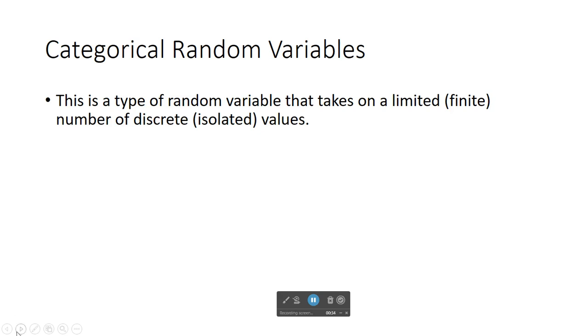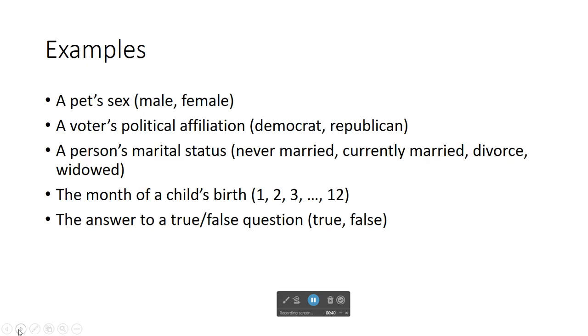And I think the best way to explain these is to give some definitions. Give some examples. For instance, a pet's sex will be male or female. So again, these are categories of pets that you might have: a male pet, a female pet. A voter's political affiliation, be that Democratic, Republican.